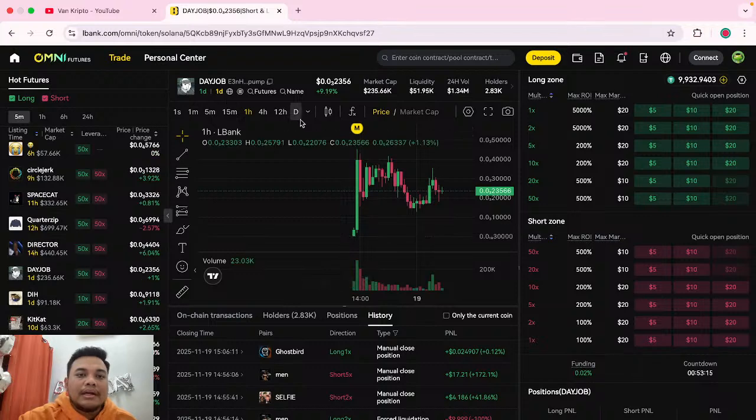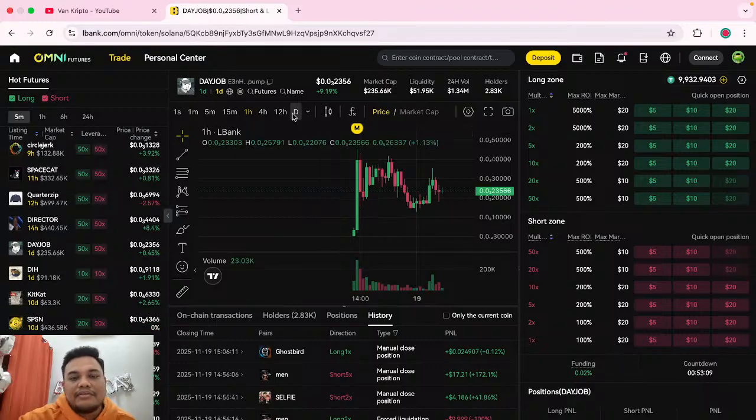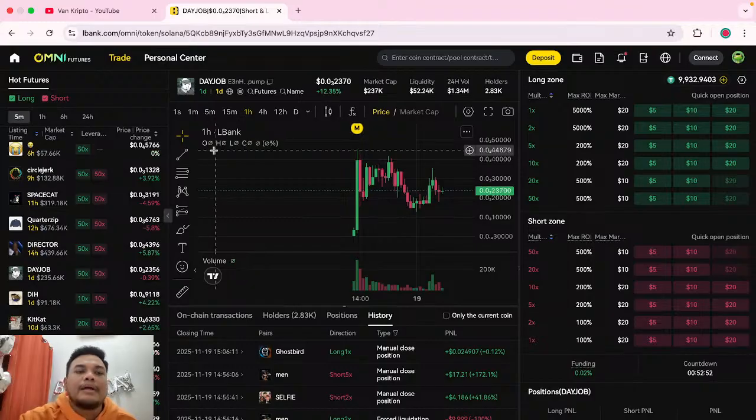Unless, for example, Bitcoin, it takes around 3 to 5 years to see that kind of very massive downtrend. So I would say that Bitcoin is a very stable coin for you to trade. That's why a lot of people trade it, right?